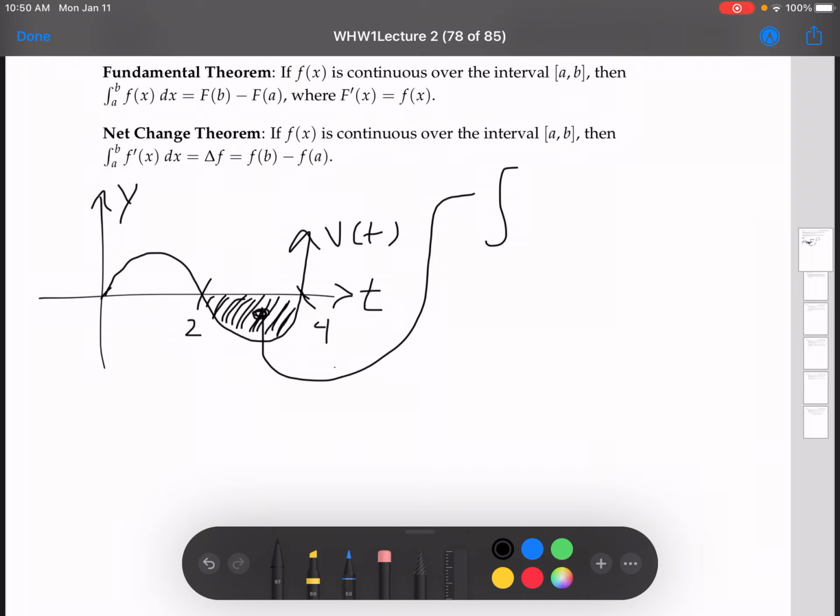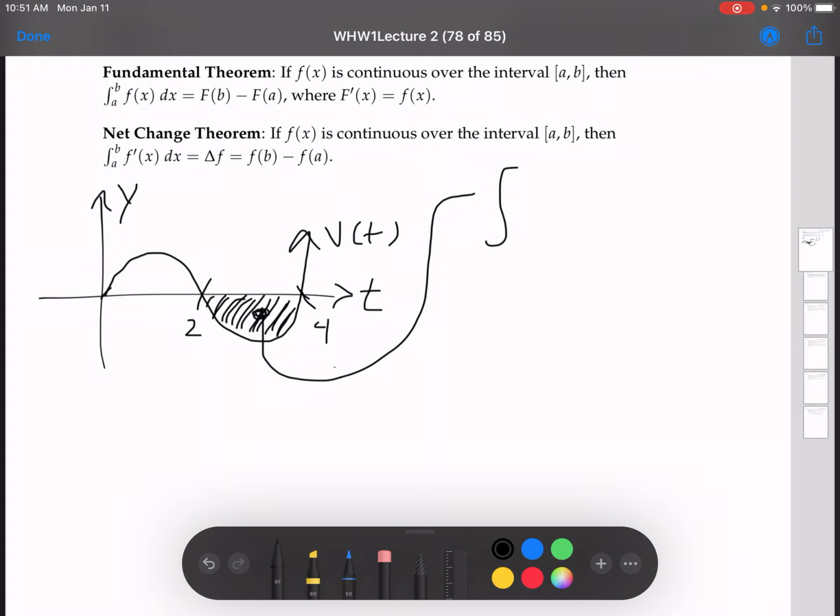Now the integral is going to assign a negative to it. Remember from Calc 1 that for the area below the t-axis, in this case, the x-axis, the integral will assign a negative to that, whereas the area above the t-axis will be a positive.